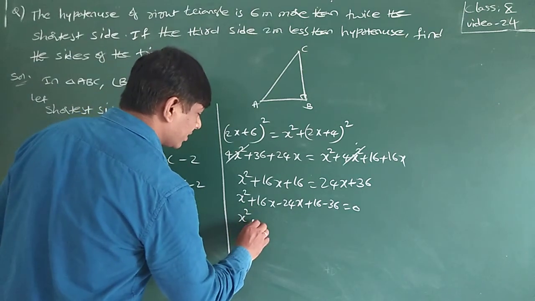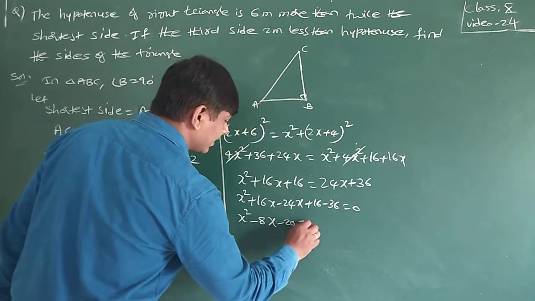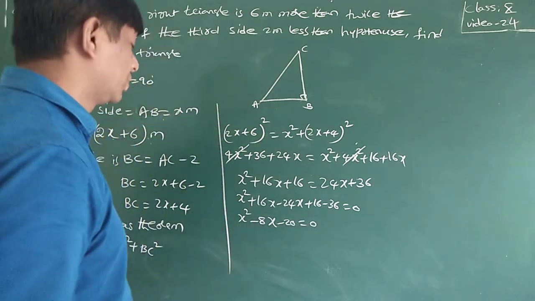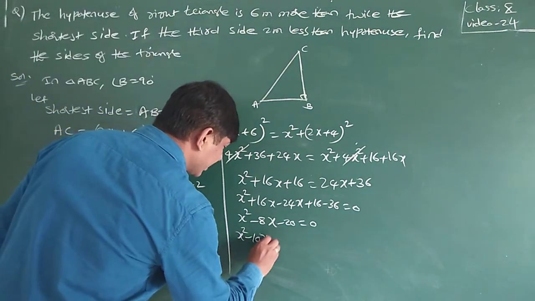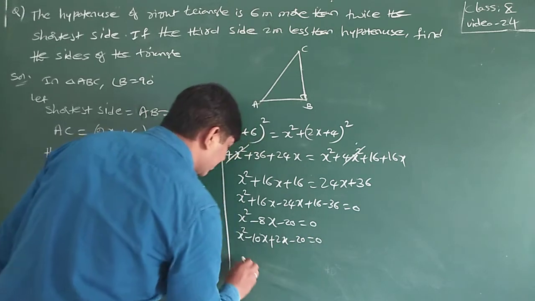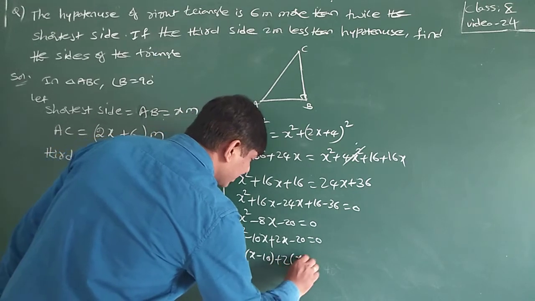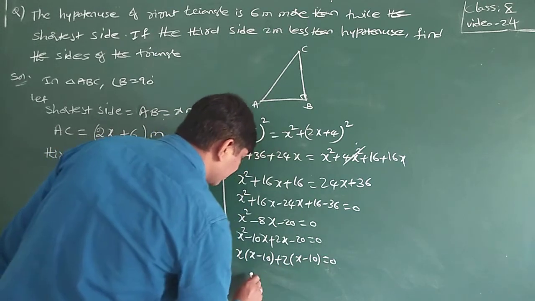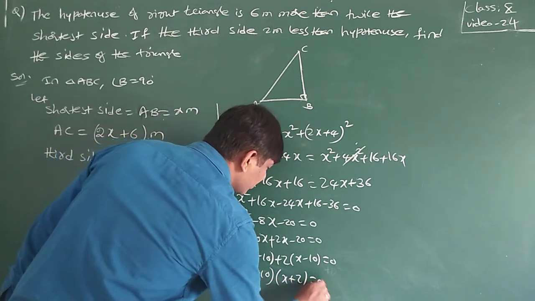Now x square minus 8x minus 20 is equal to 0. 10 twos are 20, so x square minus 10x plus 2x minus 20 is equal to 0. x common, x minus 10, plus 2 common, x minus 10, is equal to 0. So x minus 10 into x plus 2 is equal to 0.